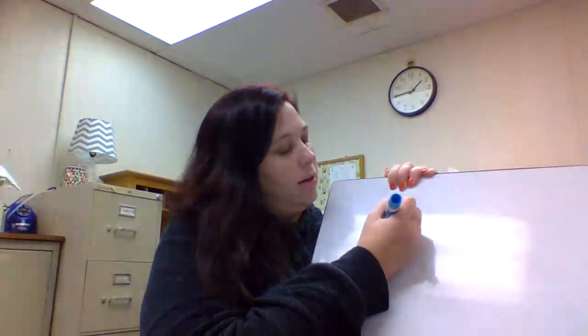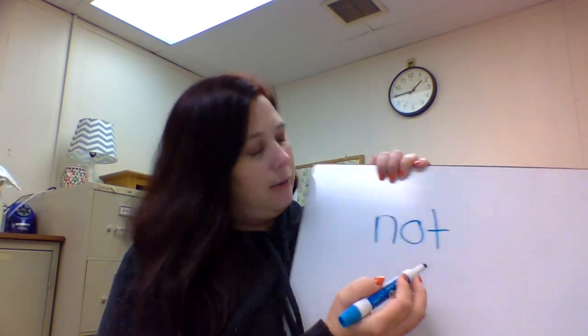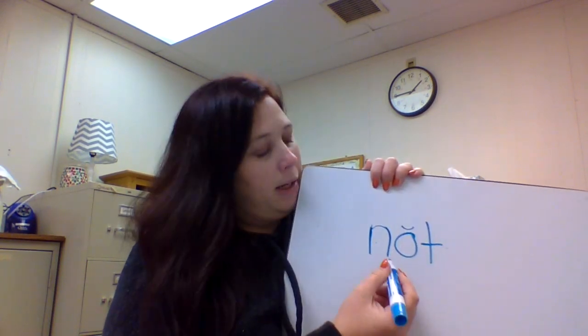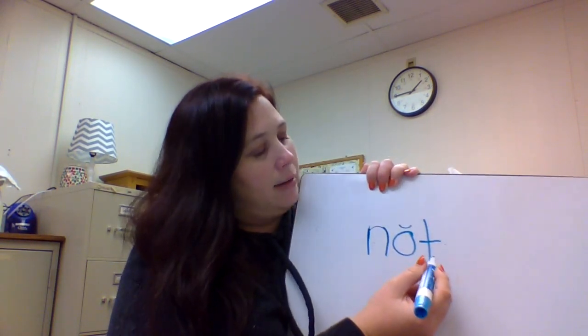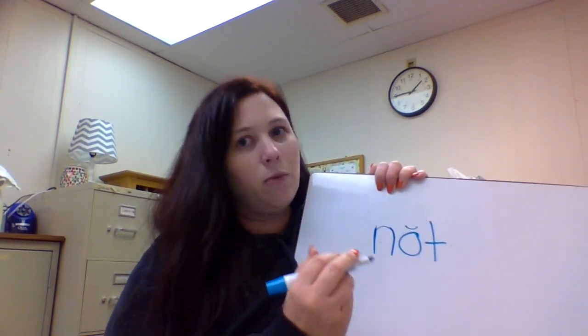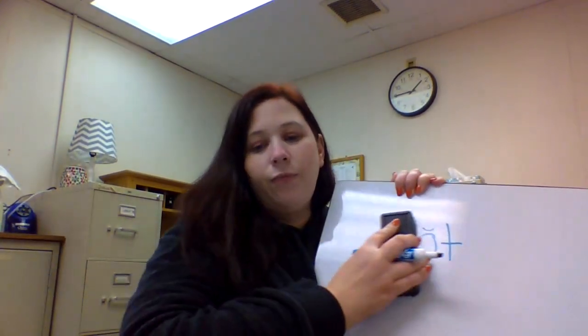Let's say we had a consonant there. Then the O does not say its name, and it would get a breve, and it would be n-o-t, not. That's a word you're going to learn a little bit more later on. All right.